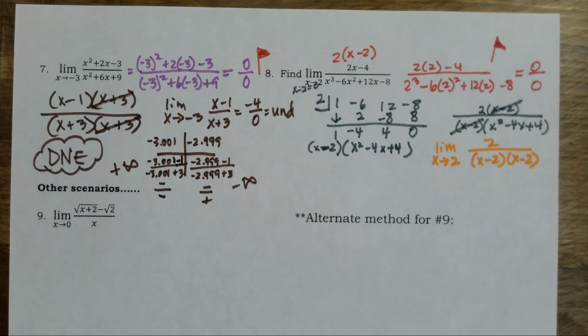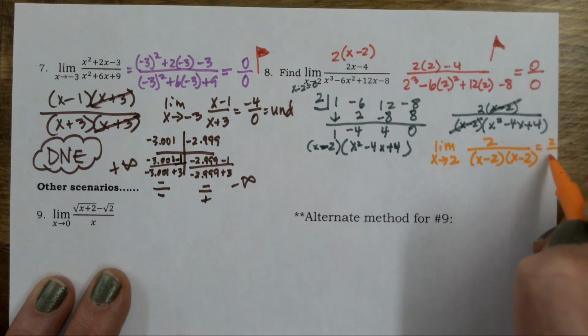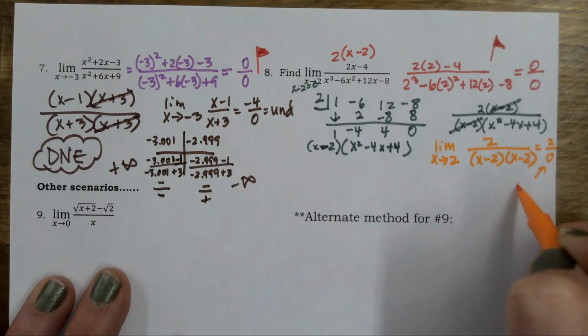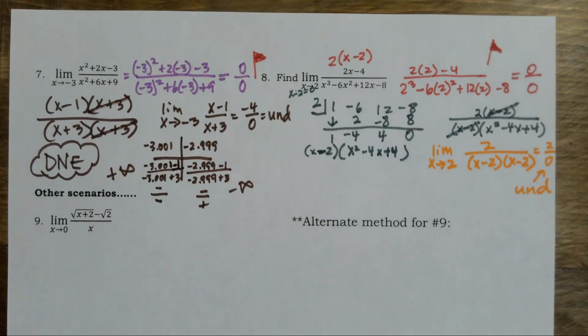I like working with the factored form, and it's only because my math is easier. It's easier to see that that's 2 over 0 times 0. So 2 over 0, undefined. Undefined means I have an asymptote.